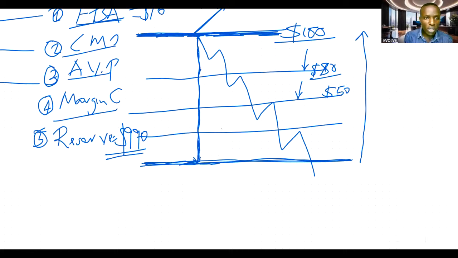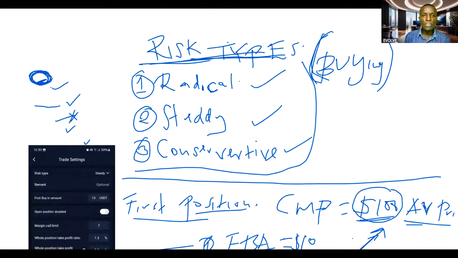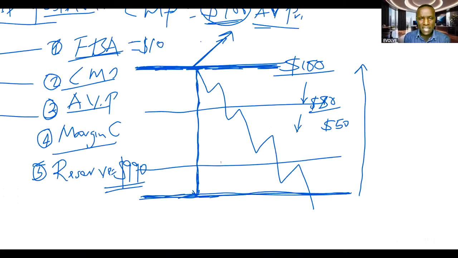So your job is to know this market to determine which risk profile to use, either to go in radical, to be steady, or to be conservative. You should get some knowledge on how to determine, before you enter a coin, that this coin might go down to negative 20, negative 30, or negative 50.